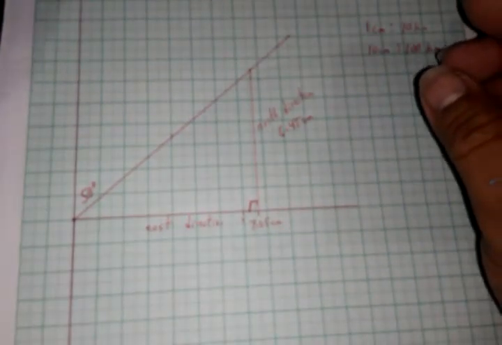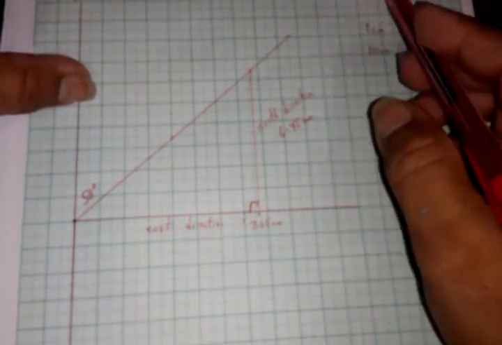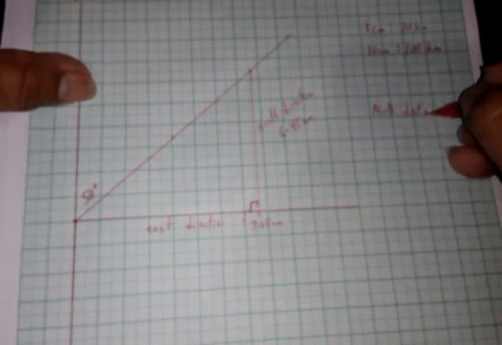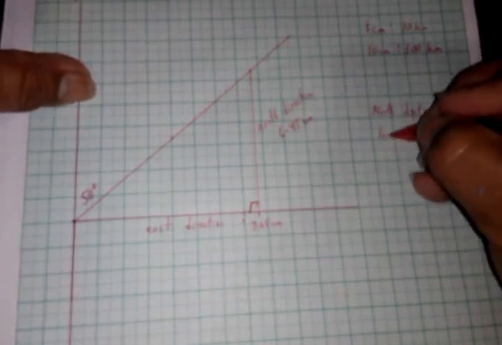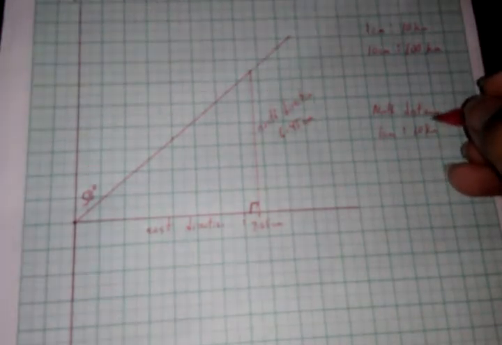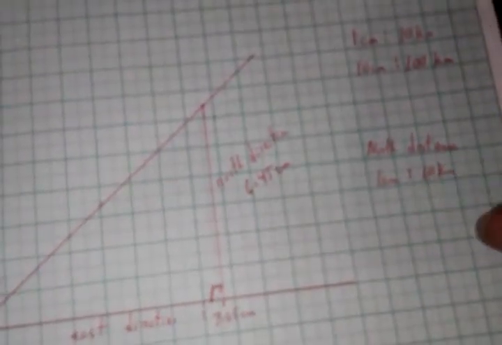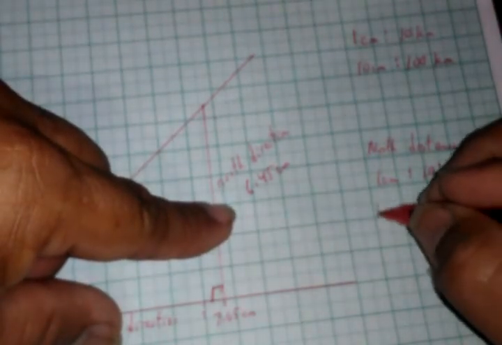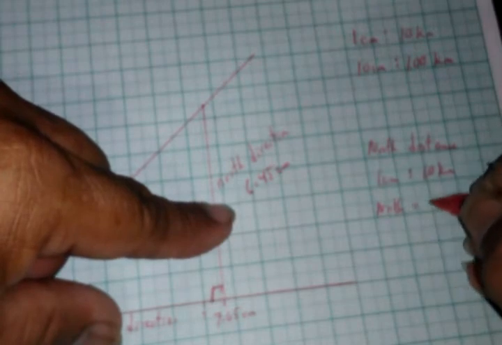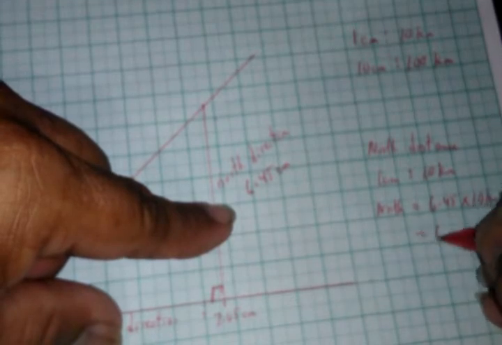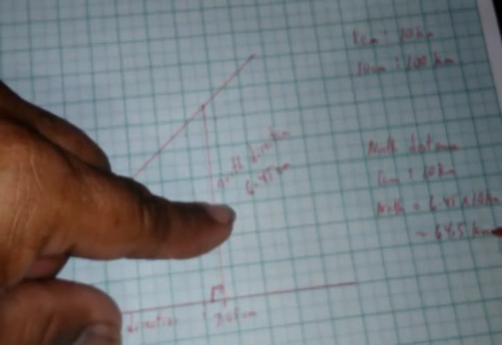So how do we state our values now? Well, the north distance is such that 1 centimeter is to 10 kilometers. So if 1 centimeter represents 10 kilometers and we have north 6.45, the north direction equals 6.45 times 10 kilometers, which is 64.5 kilometers north.